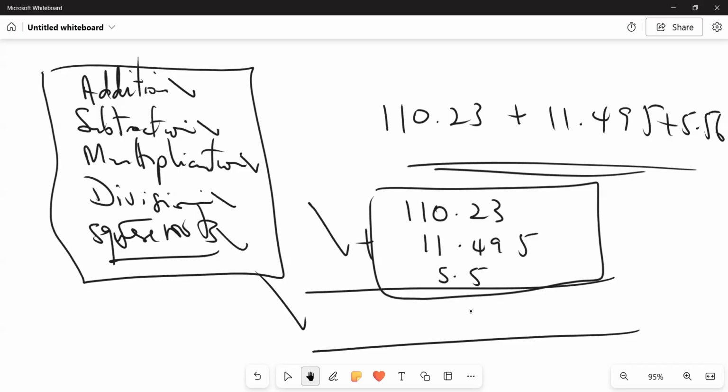So if you have a problem of this sort, take your calculator out. If you're doing a test for me, take out your calculator and add the thing up quick. If I ask you to calculate percentages, don't waste time writing it on paper, 5% of 1,000, working it out little by little. Use your calculator.